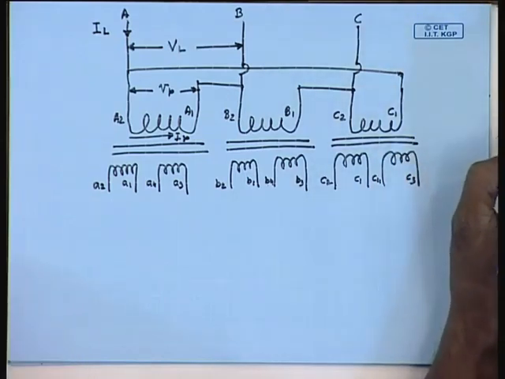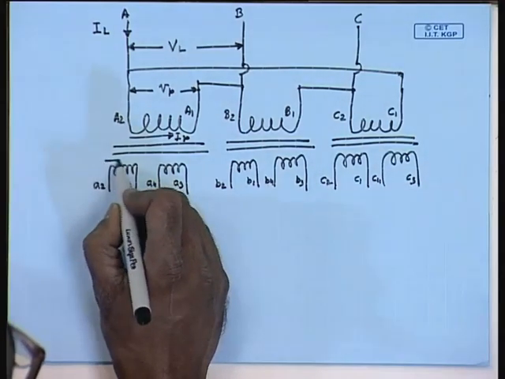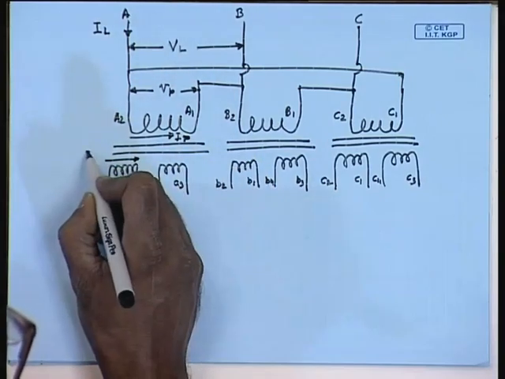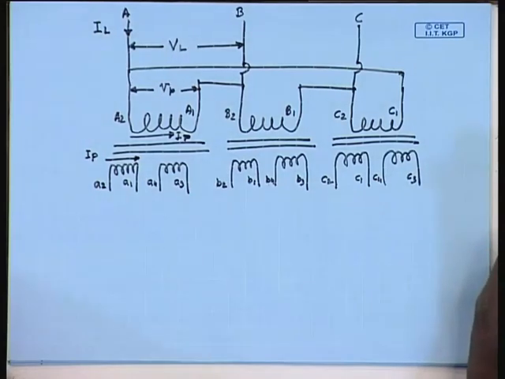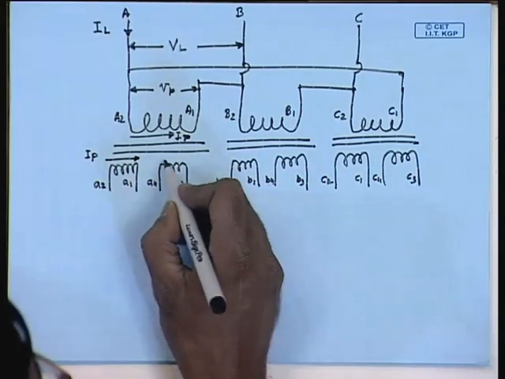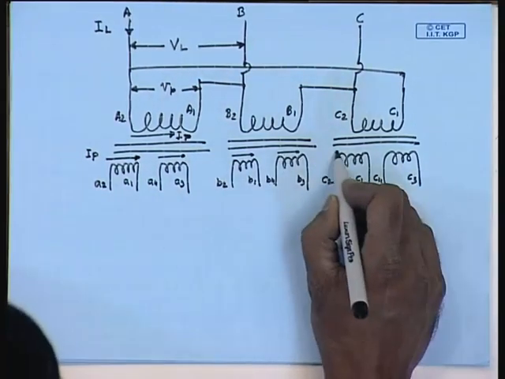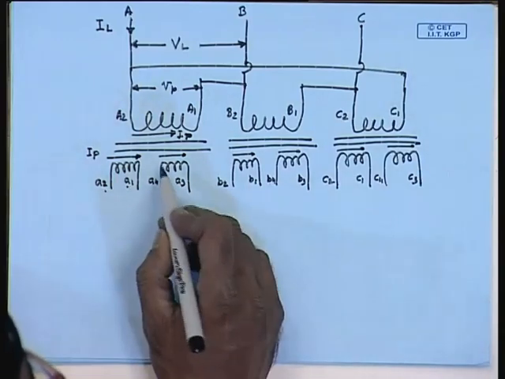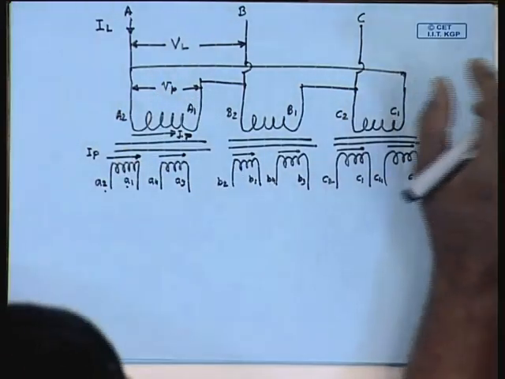Similarly, the low voltage side phase current is I small p. This current I will call I A2 A1, this is I A4 A3, this is I B2 B1, that is from B2 to B1.